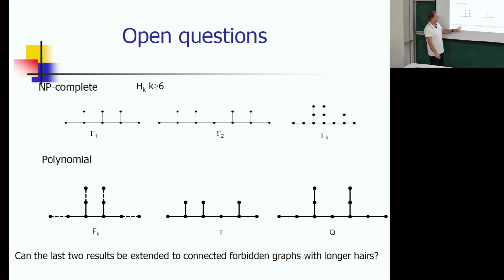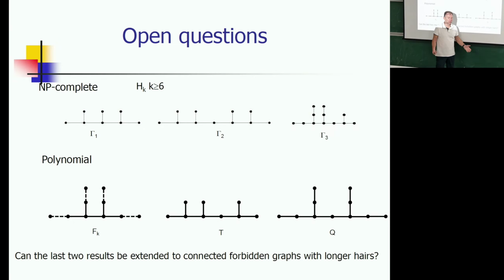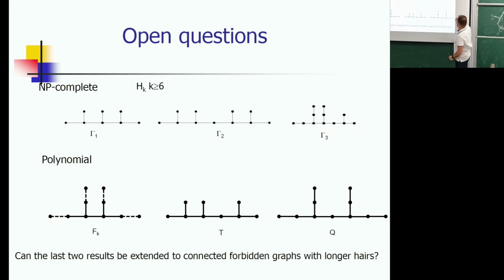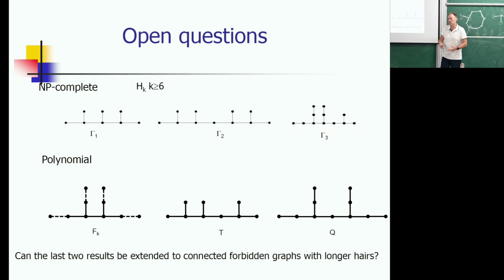Now, can the last two results be extended to connected forbidden graphs with longer hairs? It's still an open question. I tried to extend these hairs a little bit and apply the arguments developed for non-crossing long chords, and this argument doesn't work if we extend this guy a little bit.